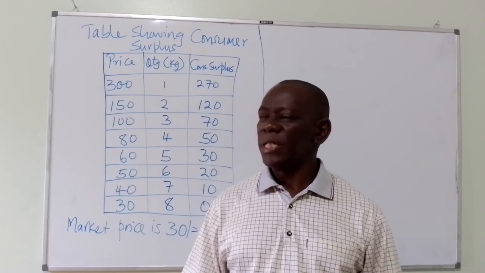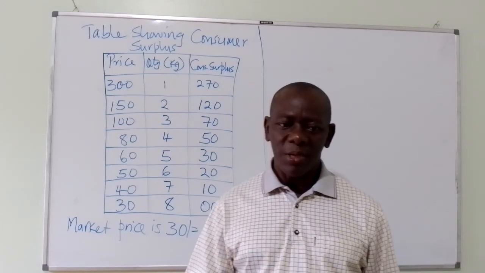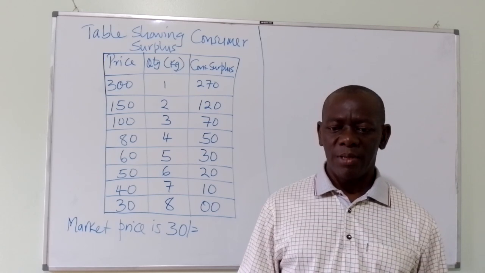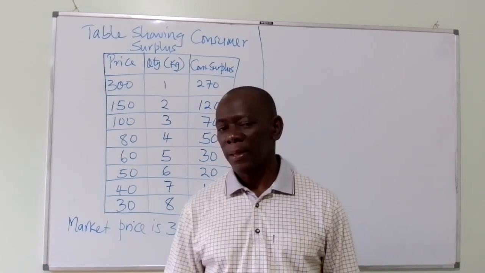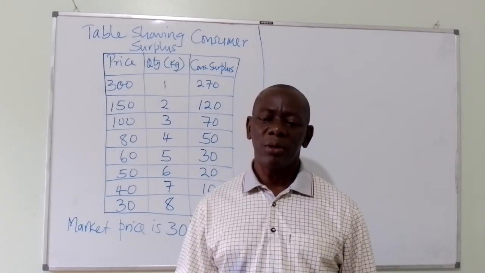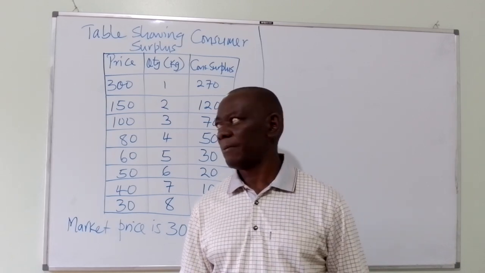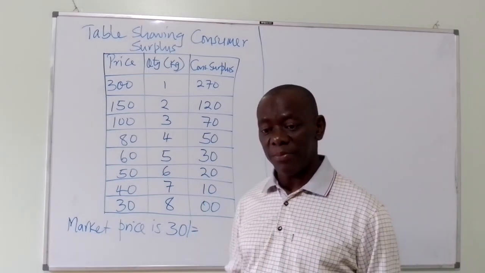Even if you didn't pass it and you force yourself to do it, you must do sub-math. If you are pure arts, you do sub-math. If you are not pure arts, you do mathematics as a principal subject. So calculations in economics are inevitable.